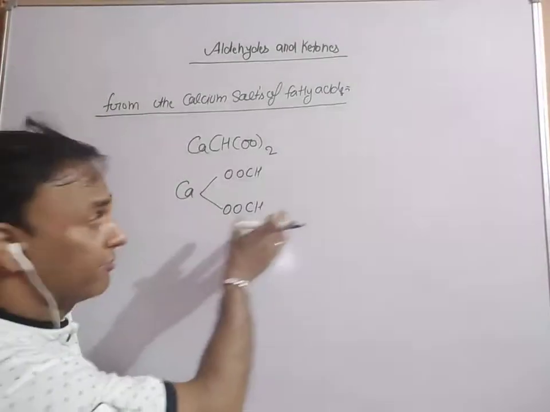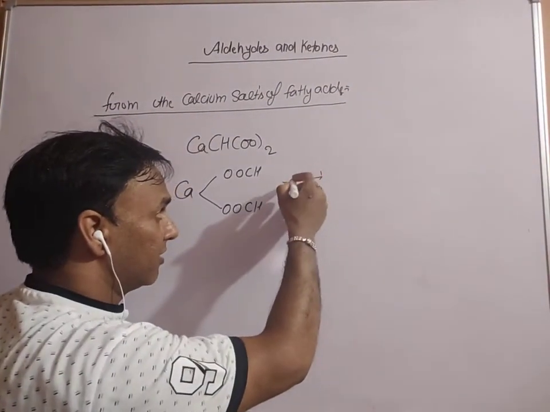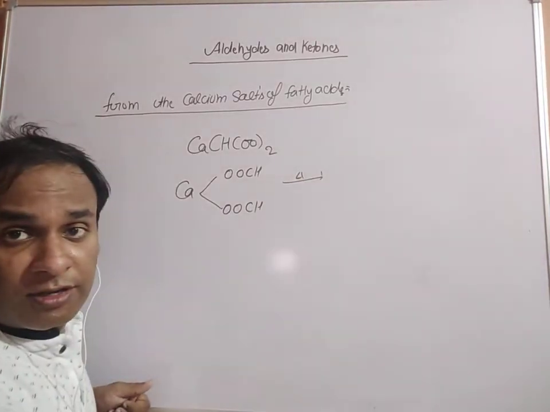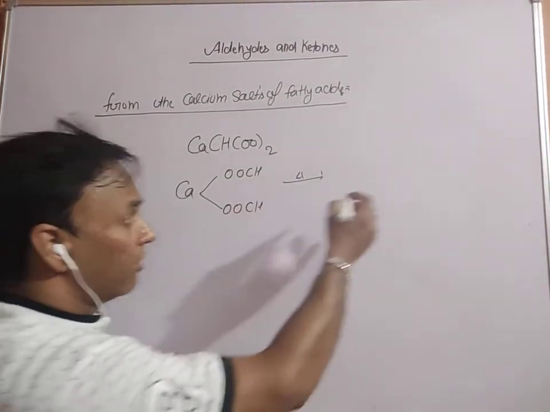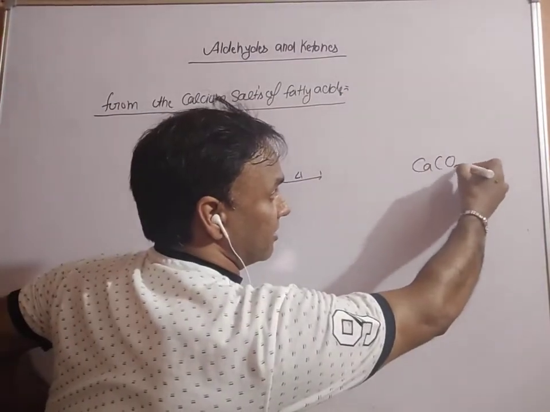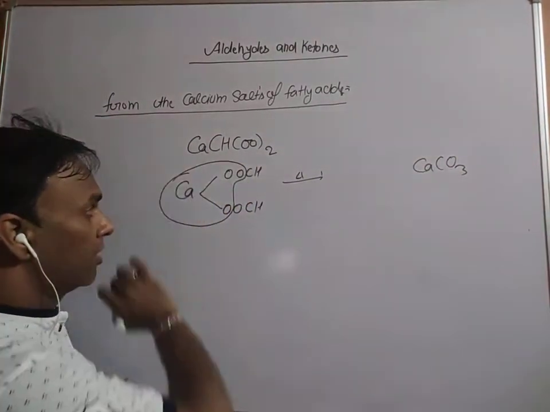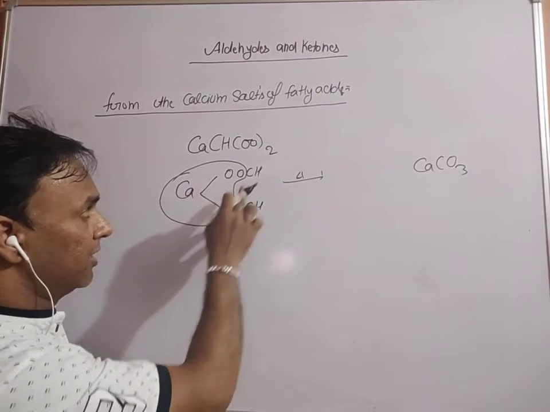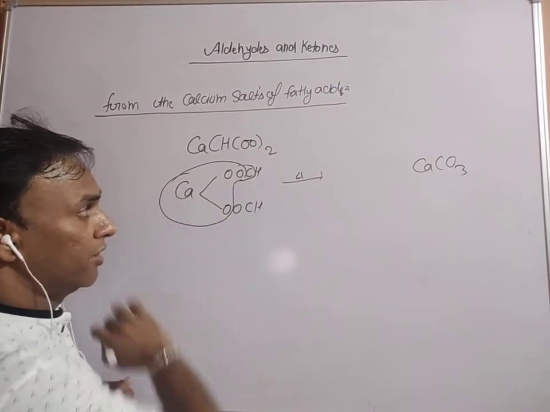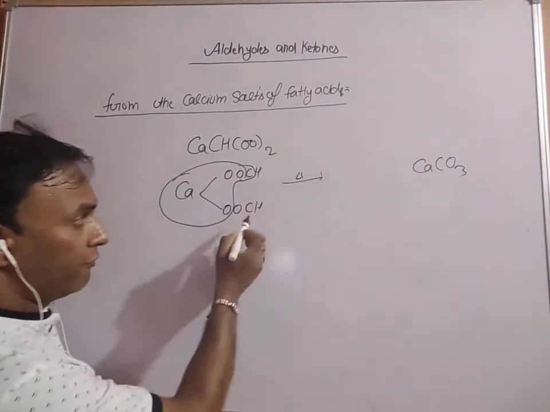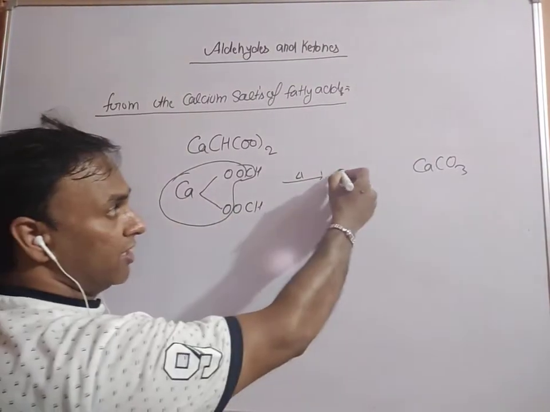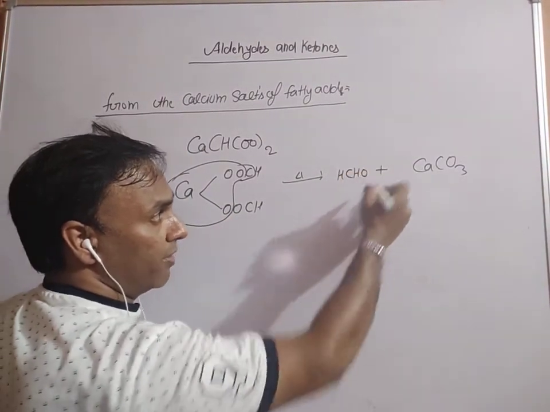Clear? When this calcium formate is distilled, then 1 mole of calcium carbonate, CaCO3, is removed, and HCHO, formaldehyde, is obtained.